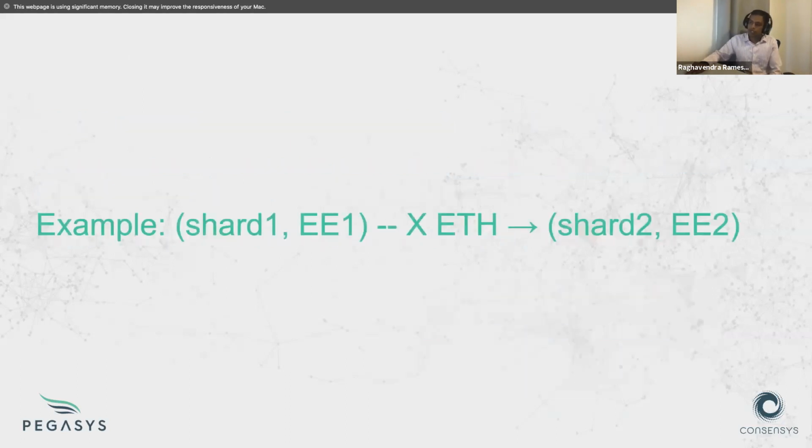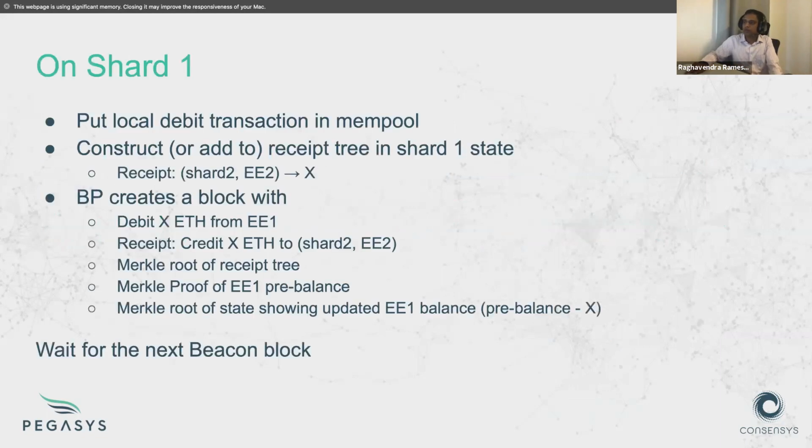So let's work through this approach using an example. Again, let's suppose that shard 1 E1 wants to transfer X amount of Ether to shard 2 E2. Then on shard 1, the application puts this local debit transaction in the mempool. It also constructs a receipt tree if it does not exist already.